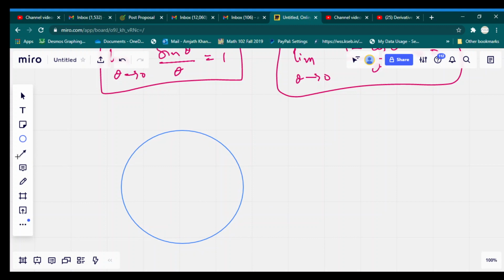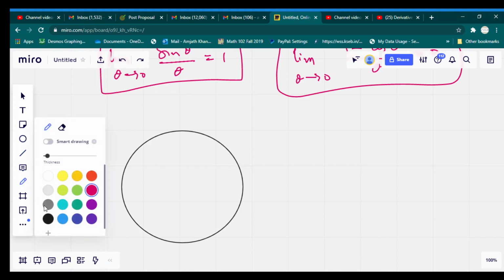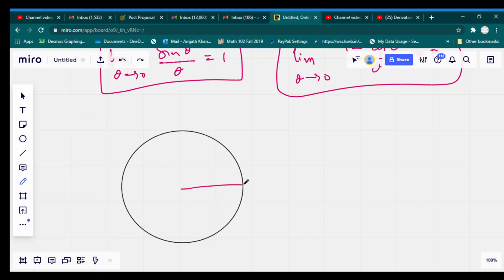This is a unit circle with a radius, so the radius r is equal to 1, and a tangent line.